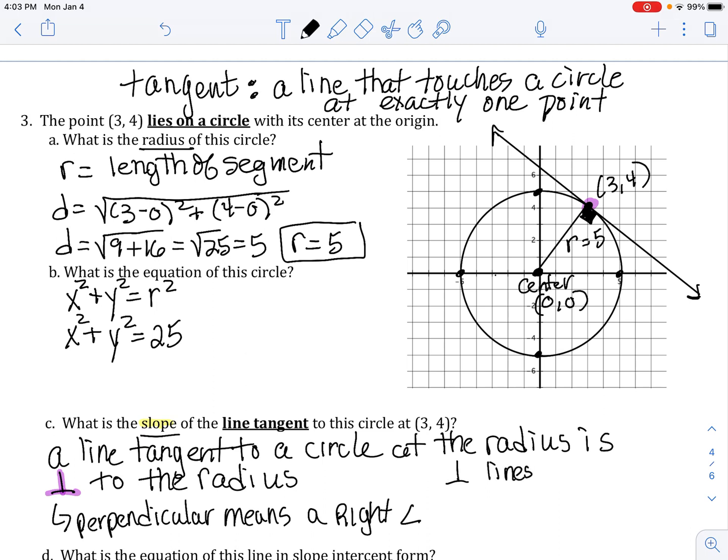Perpendicular lines have slopes that are opposite reciprocals.